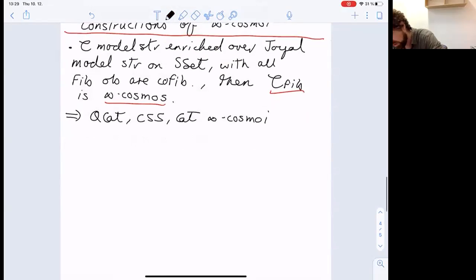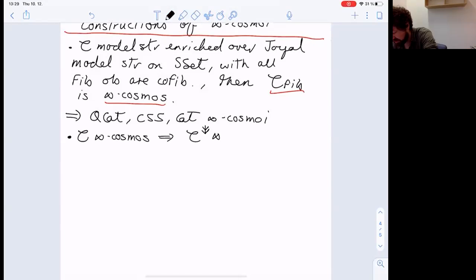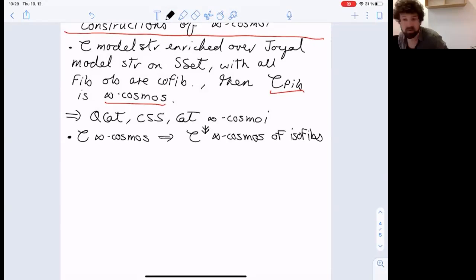Now I want to tell you about how you can construct new infinity cosmoi from old ones. I'm going to tell you a few of the core constructions. If you have an infinity cosmos C, then you can construct an infinity cosmos of isofibrations. The objects of this are the isofibrations. The morphisms are commutative squares.